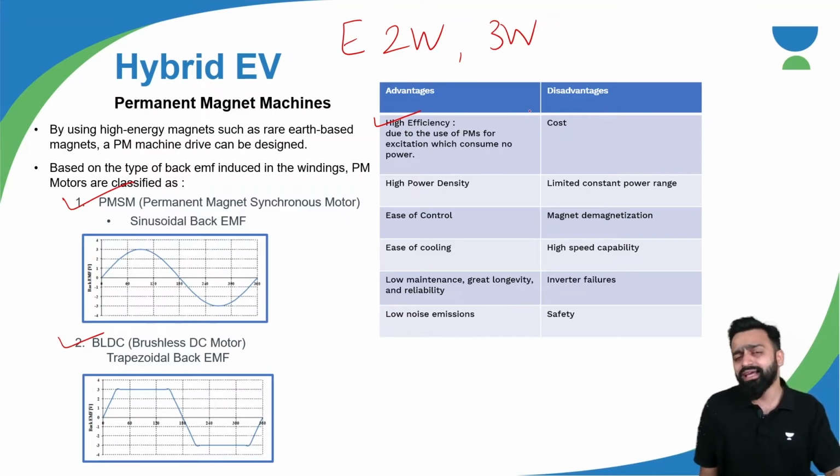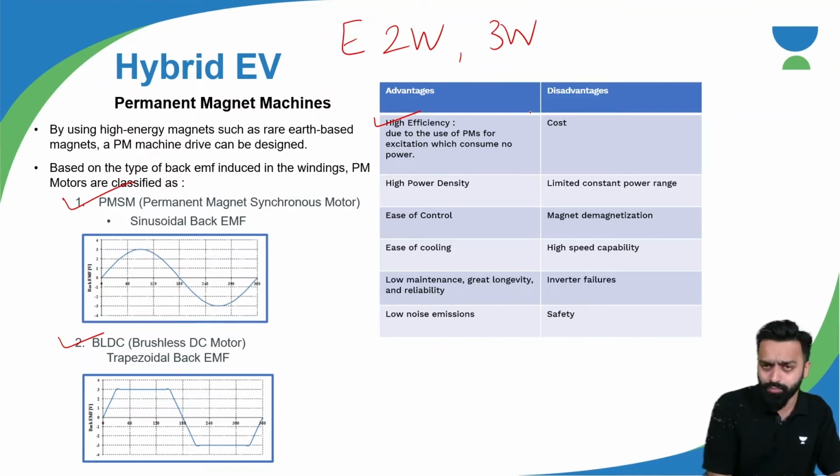To name a few, Hero Electric is using BLDC hub motors, Ampere is using BLDC hub motors, and many Okinawa scooters have BLDC motors. Also, TVS iQube is using BLDC, but Ather and Ola are using PMSM motors.